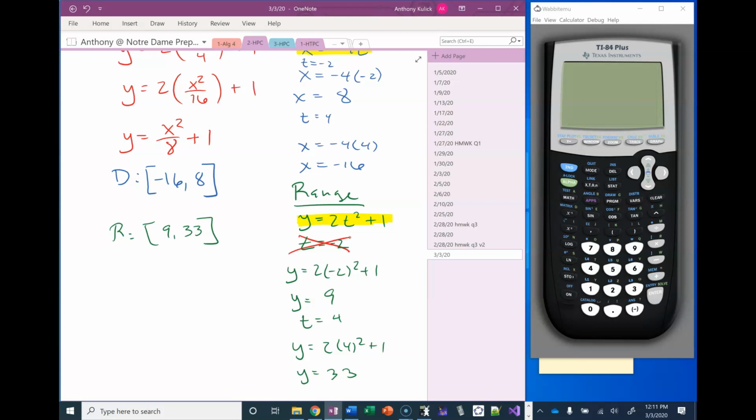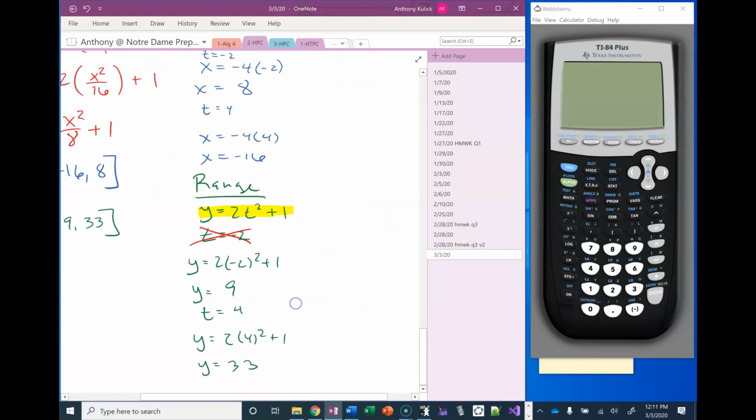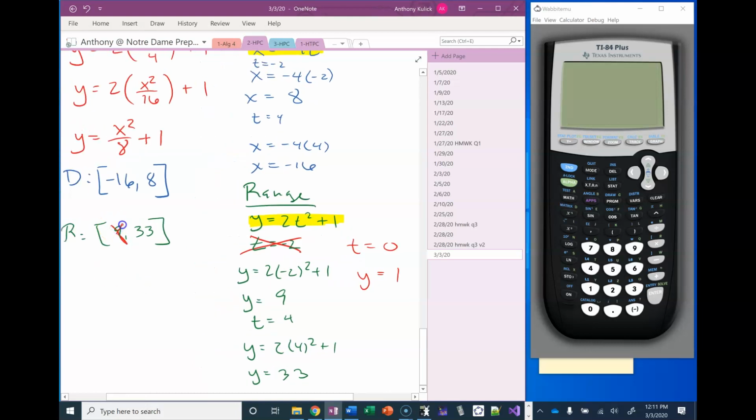Anybody want to venture a guess? Just take a risk. 0 is correct. So if I do that, I get y equals 1. That should be the value there.